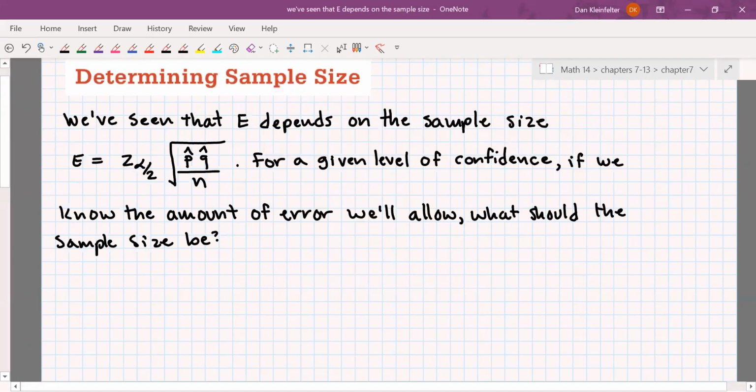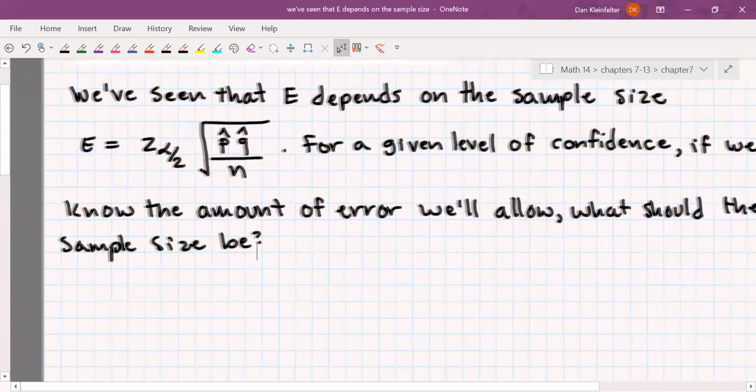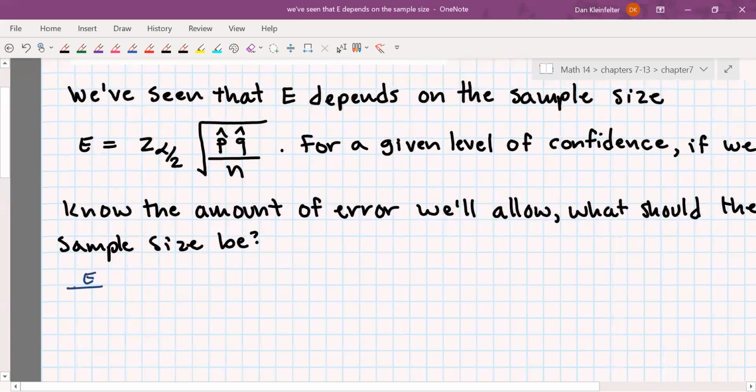So we're going to divide both sides by Z alpha over 2. And that will be the square root of P hat Q hat over N. And then square both sides, right? To solve a radical equation, you're going to square both sides.